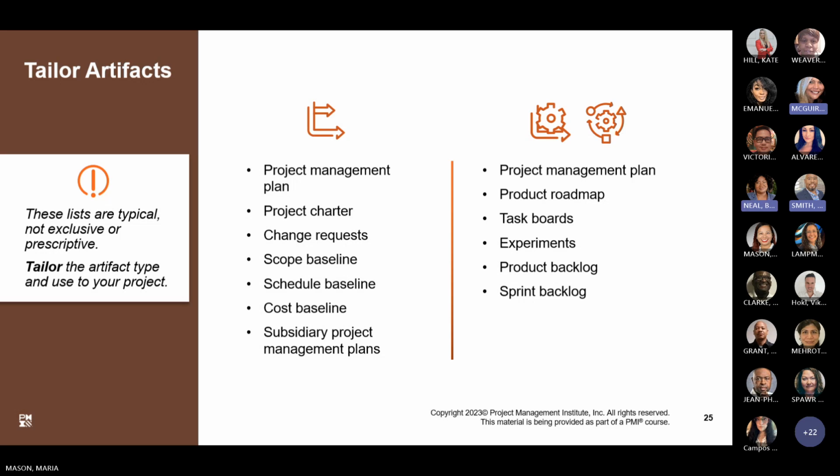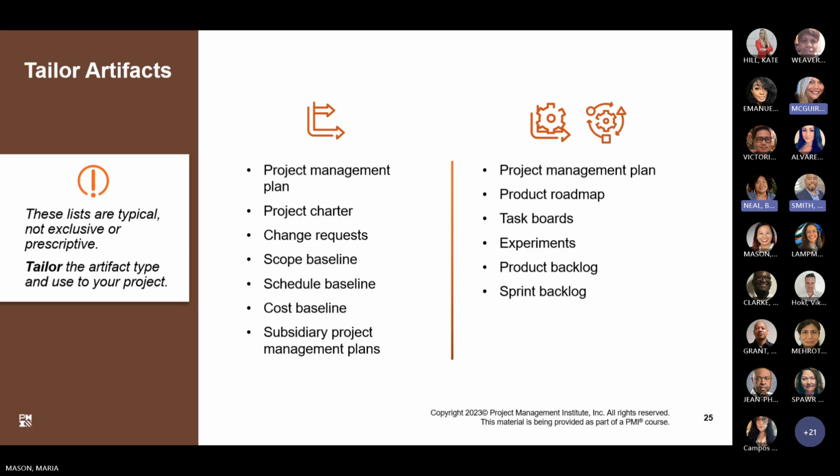We also have product roadmaps, task boards, experiments, product backlog, and sprint backlog. Those are terms associated with Agile. So the project manager and/or the team selects and adapts the appropriate artifacts to use for their specific projects.